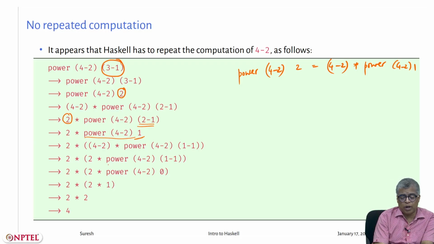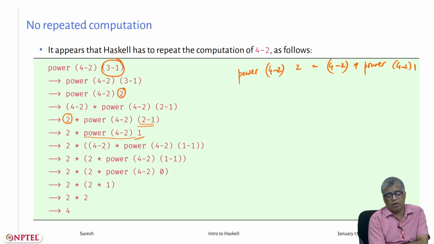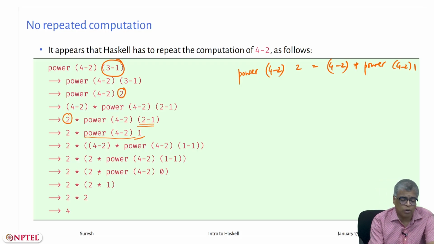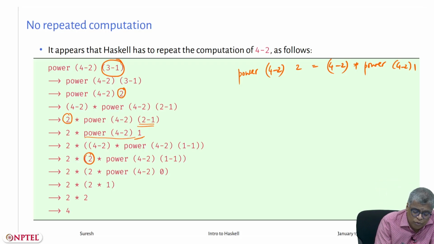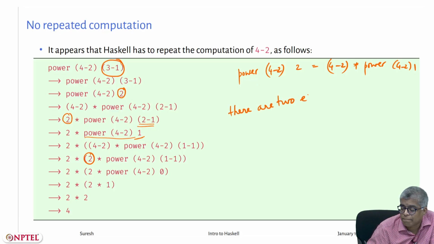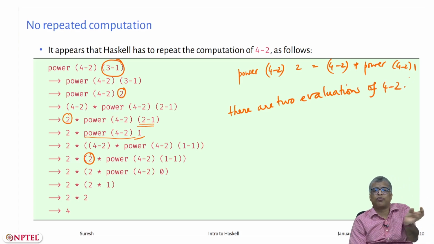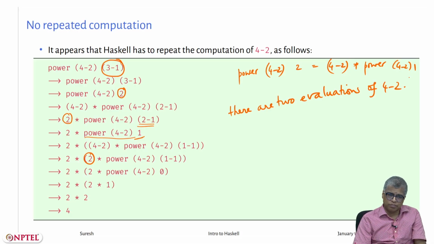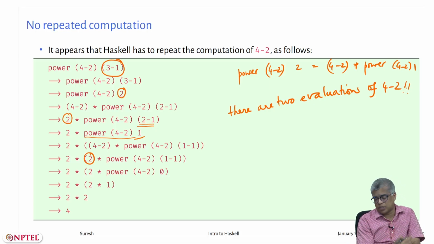But notice the point here: 4 - 2 is simplified to 2 here, and then it is again being simplified to 2 here. There are 2 evaluations of 4 - 2. That is because you are carrying the expression 4 - 2 around rather than the value around. This is a problem, right, because you are unnecessarily computing the same expression twice.